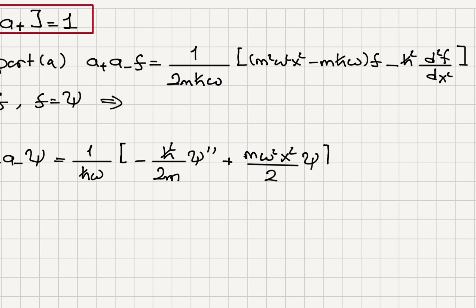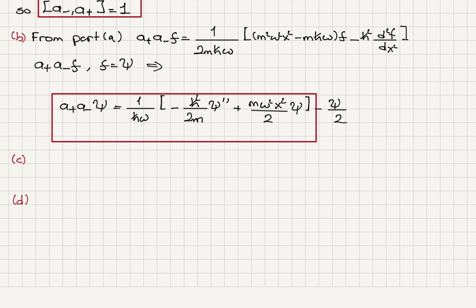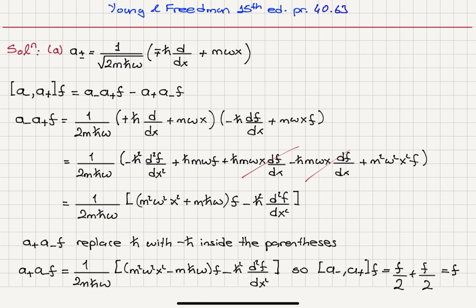All right. And this is m h bar omega divided by 2m h bar omega. So that's minus f over 2, which is minus psi divided by 2. So this is our final answer for part B. And let's move on to part C.